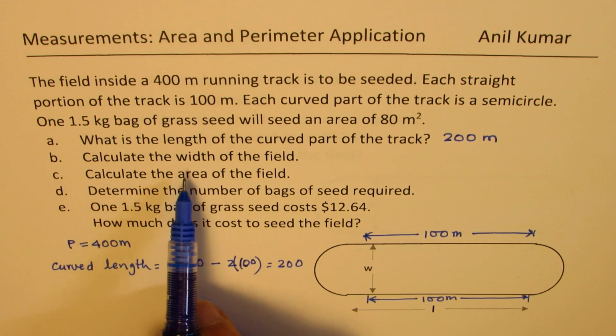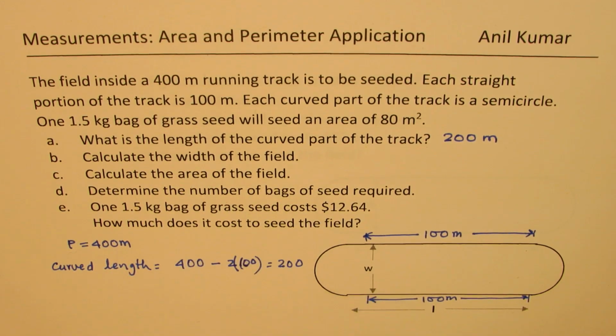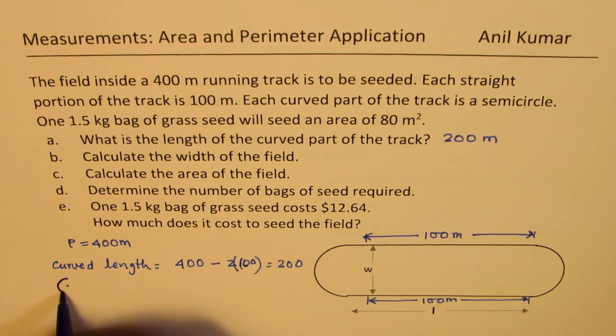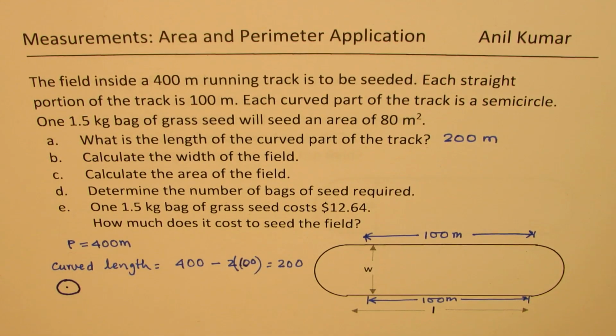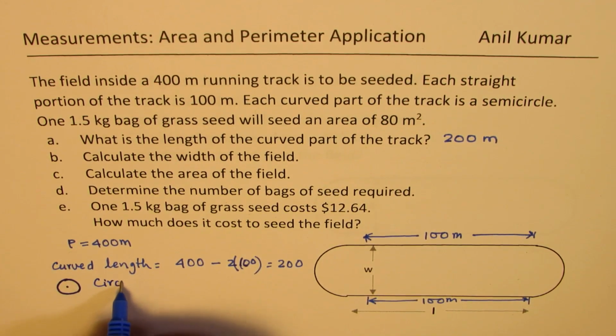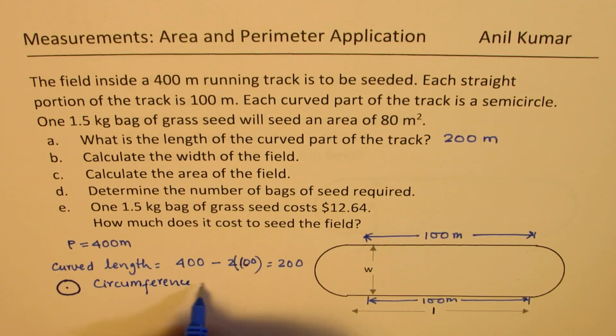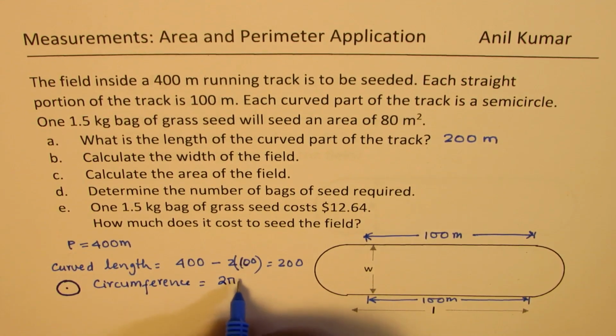Part B is calculate the width of the field. So let W be the width. Now, since we know that the circumference of a circle is 2 pi r, right?